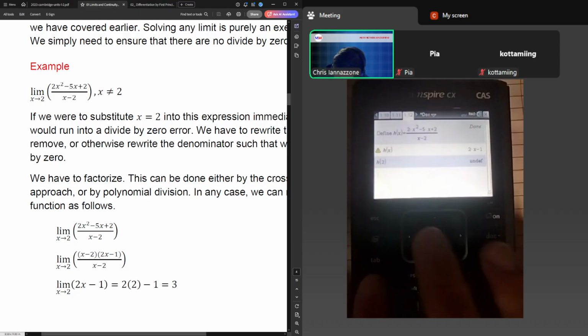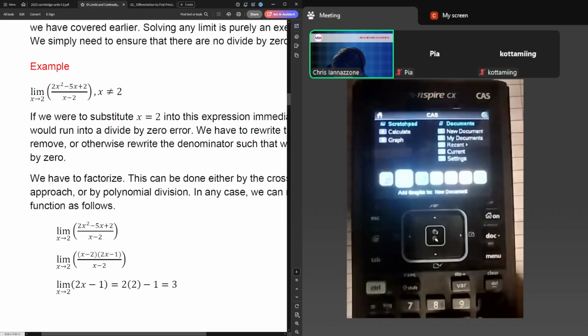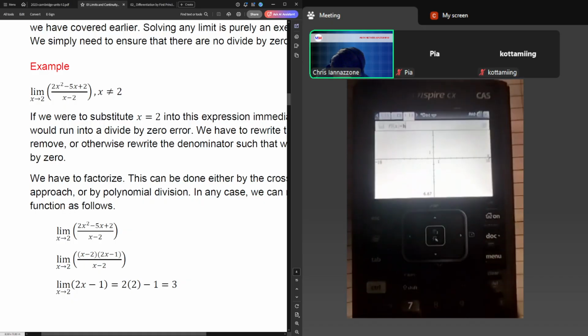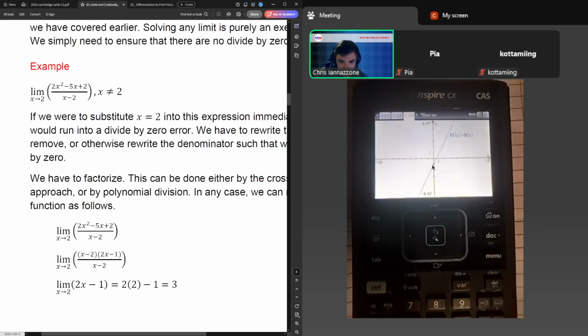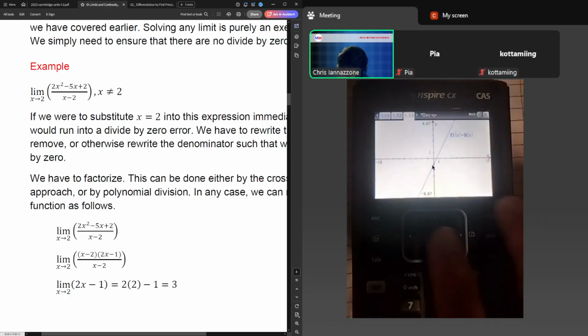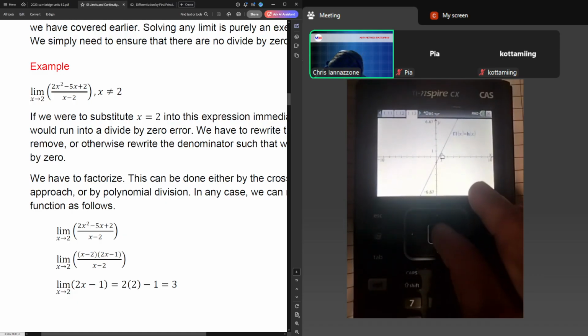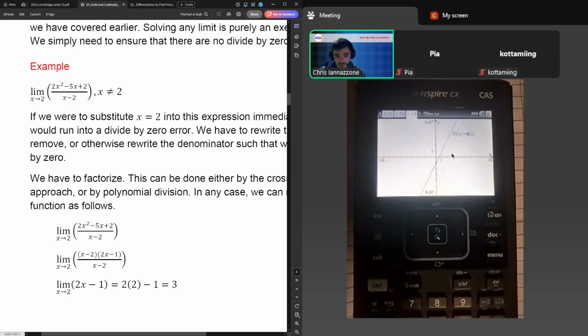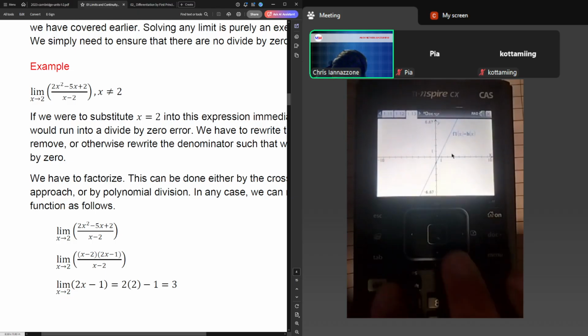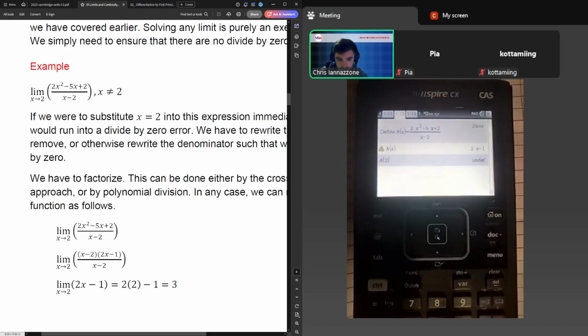If I then plot that on a graph, we won't really see it on the CAS because the CAS isn't great at showing discontinuities. It'll just show the linear like normal. But at x equals 2 specifically, we do not have an actual value there. The limit is different to the value of the function.